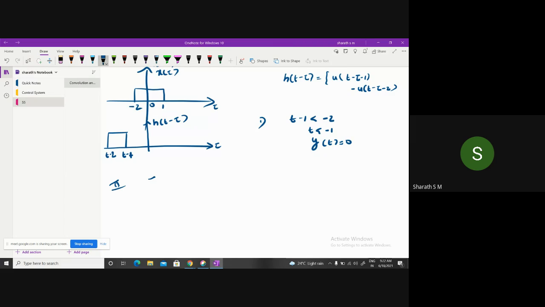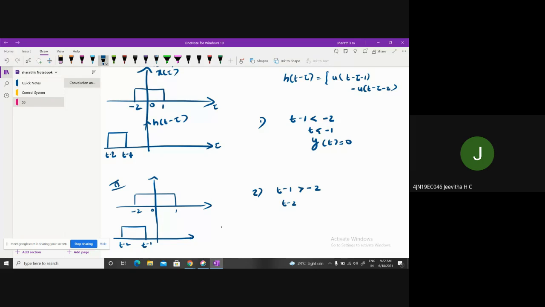For the second case, it should overlap with one of its limits. So t minus 1 is greater than minus 2 and t minus 2 is less than minus 2. Now, for the RHS part, t is greater than minus 1 and t is less than 0.